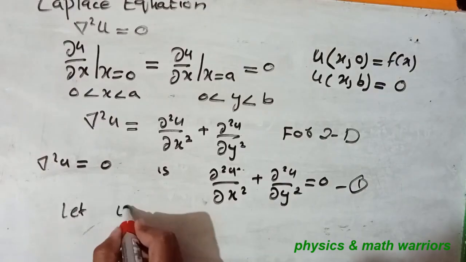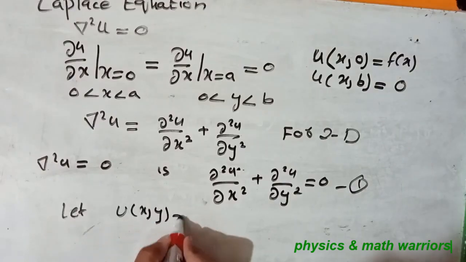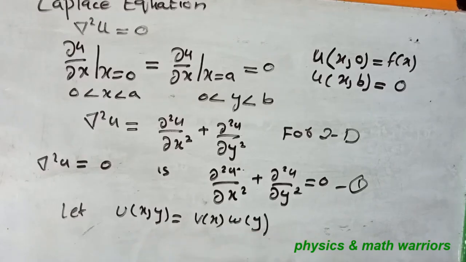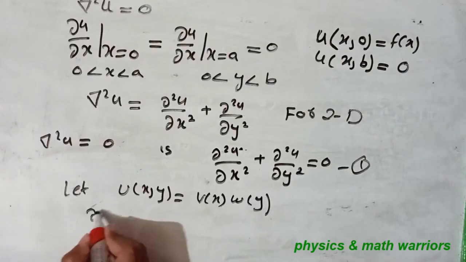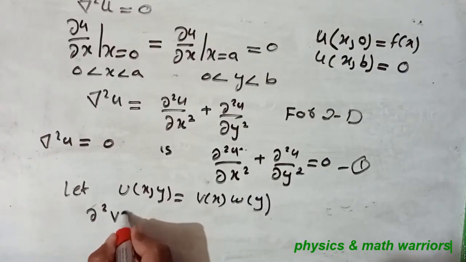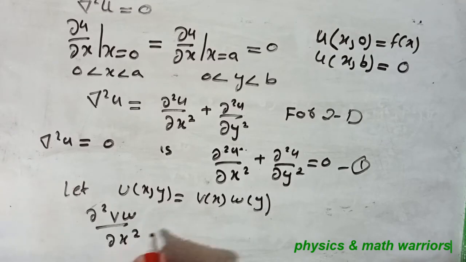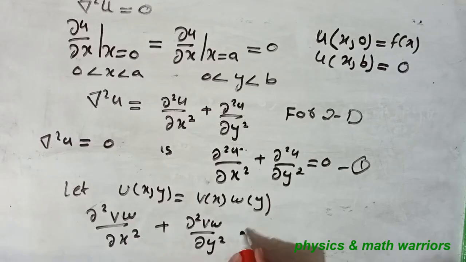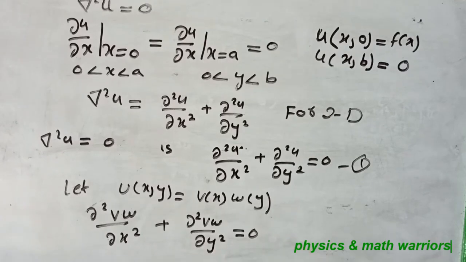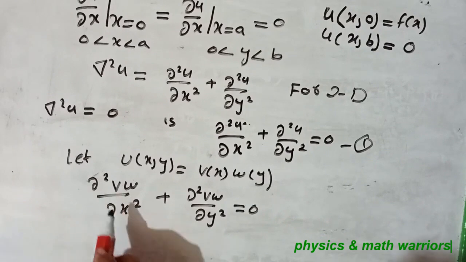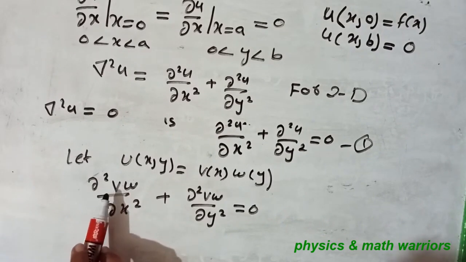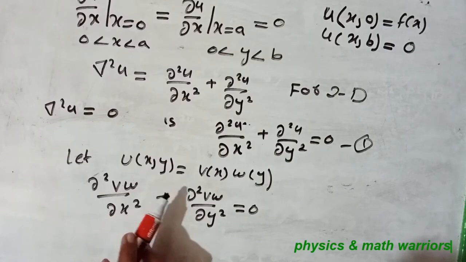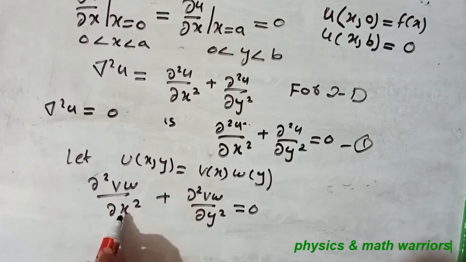Let u, which is function of x and y, is equal to v of x omega of y. So equation 1 become partial square v omega over partial x square plus partial square v omega over partial y square is equal to 0. Since v of x is the function of x, so partial derivative of v with respect to x exists, and omega of y, which is function of y, is constant with respect to x.